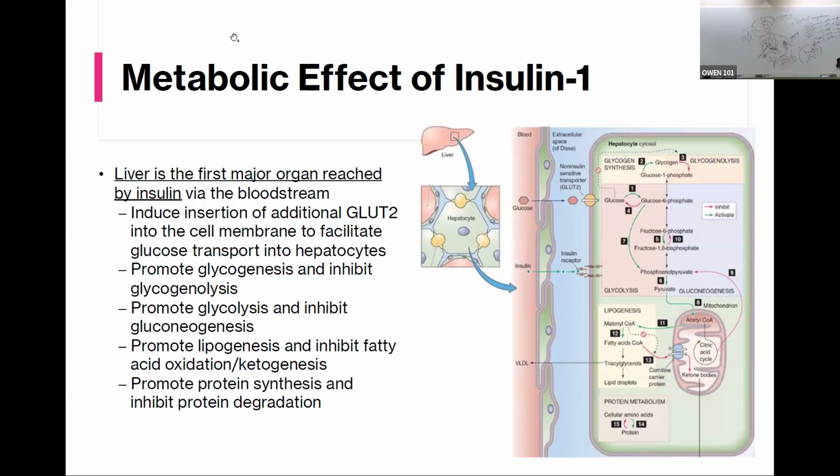We discussed that before. It also promotes lipogenesis. All this that happens here is basically related to the use of sugar and to prevent the body from producing more sugar. Then it promotes lipogenesis and inhibits fatty acid oxidation or ketogenesis.